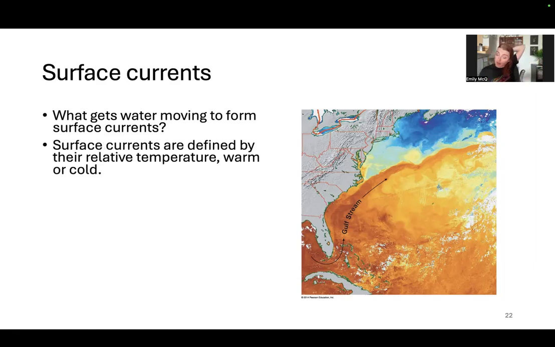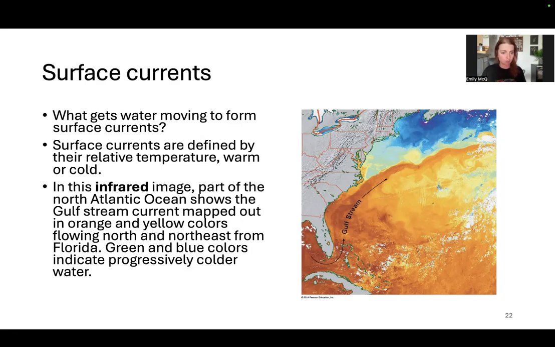They're defined by their relative temperature, warm or cold. We're not getting crazy. If you really, really want to dive into oceanography, we talk more about like, oh, this is 35 degrees Celsius versus 36. But these currents are either warm currents or they're cold currents, depending on where they're coming from geographically or if they're coming from lower surface or higher surface in the ocean.